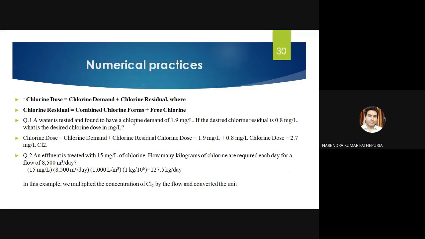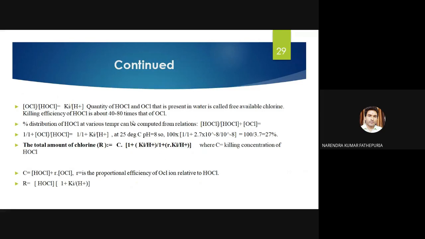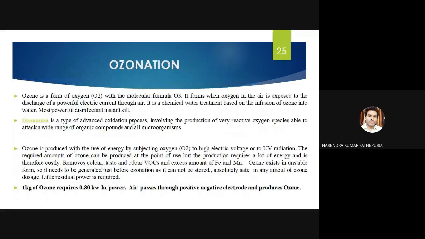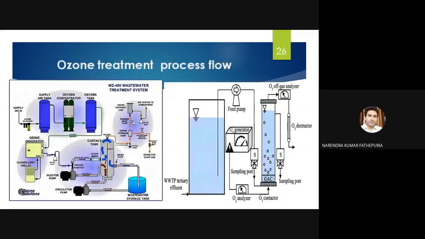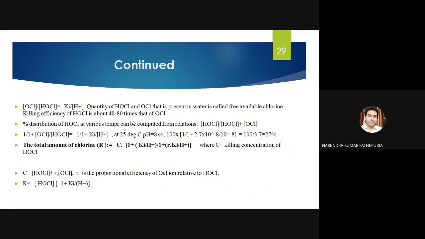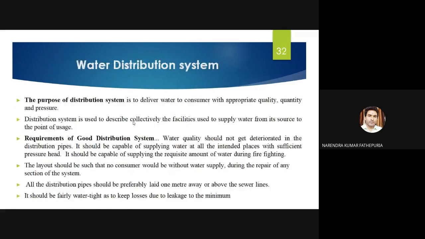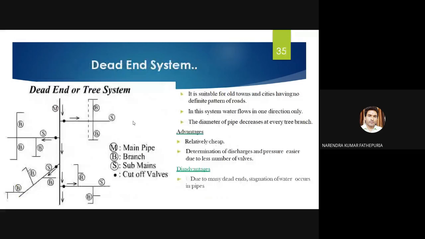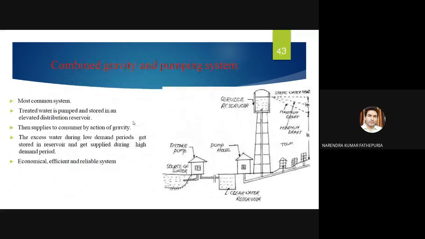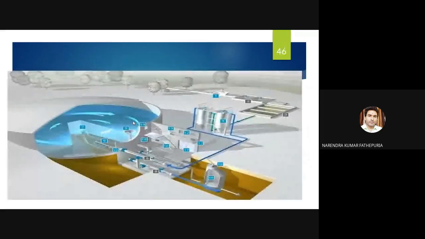There are some numericals I have given here for the chlorine doses. The ozonation portion is not too much, only 2 slides. After that I will move to the numericals on how we solve chlorination-related numericals. These are some numericals on the kinetics related to chlorine demand. Then water distribution networks and how to go about them.